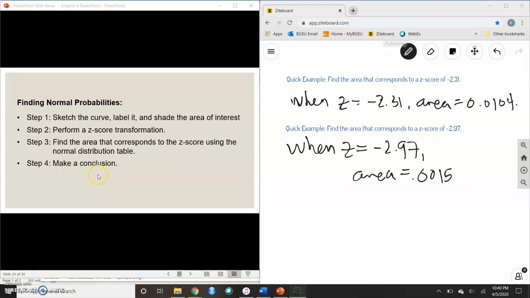Step 4 isn't as simple as it looks right here, because depending on the example, whether we're shading to the right or to the left or between two numbers, this conclusion part might be a little bit more complicated than just saying, oh, here's the area. And so in the next video, I'll go through the 3 main types of examples that you'll see, and how to properly complete all of these steps.